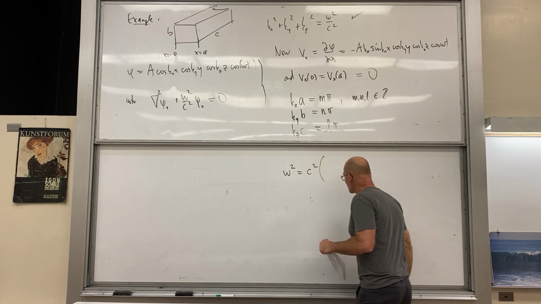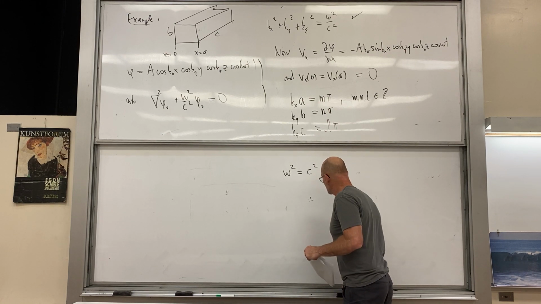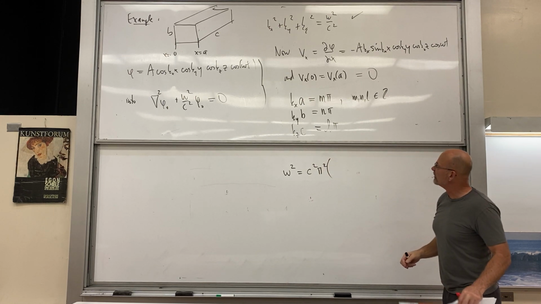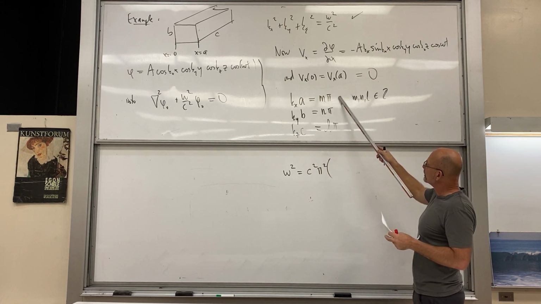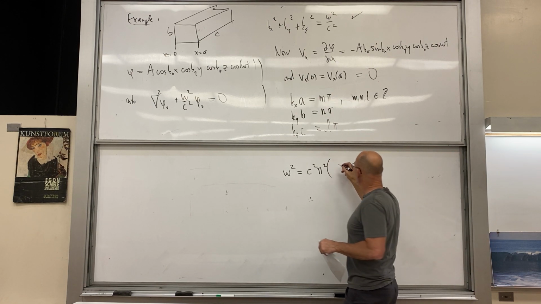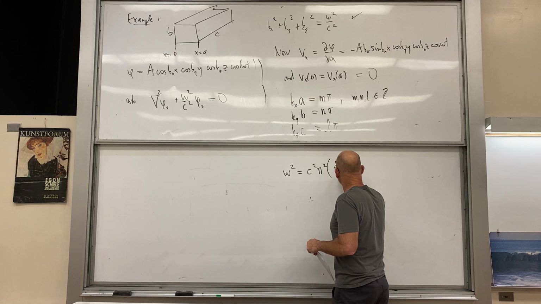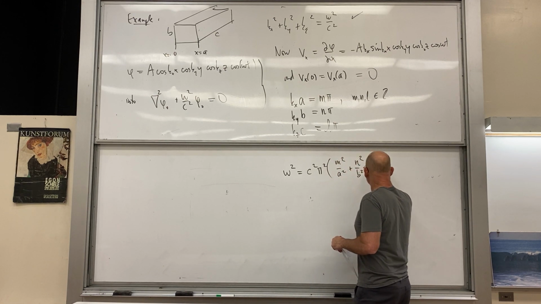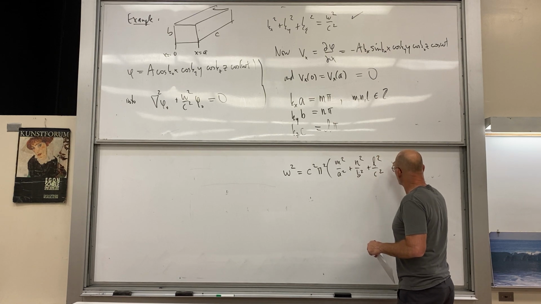We can actually factor out a pi squared. So we're going to have m squared pi squared over a squared, etc. So we pull out pi squared, we have m squared over a squared plus n squared over b squared plus l squared over c squared.